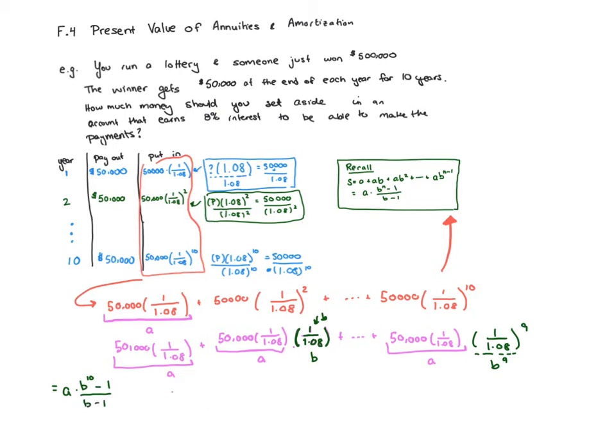So plugging everything in, my A is 50,000 times 1 over 1.08, that's my first term, times B to the N, where B is 1 over 1.08 raised to the 10th power, minus 1, over 1 over 1.08 minus 1.